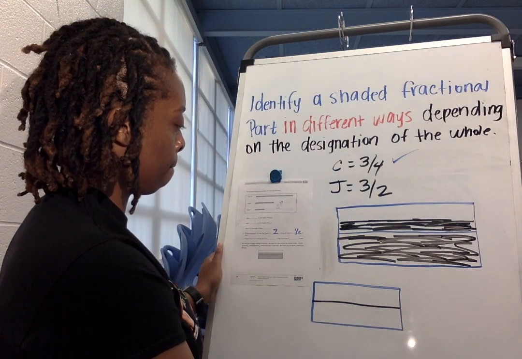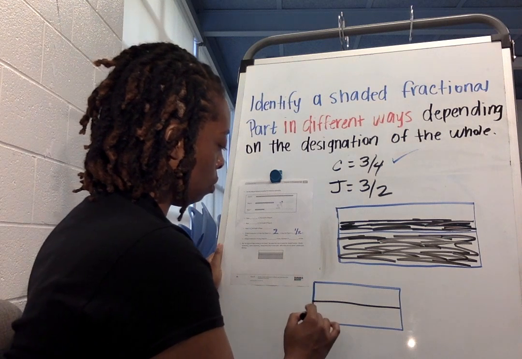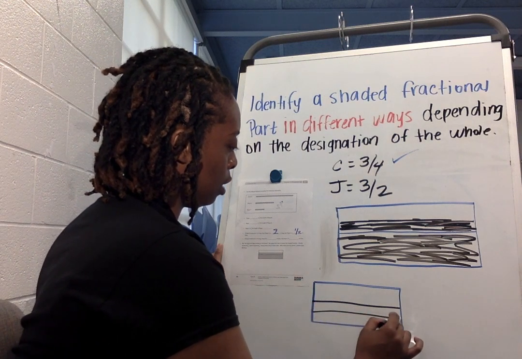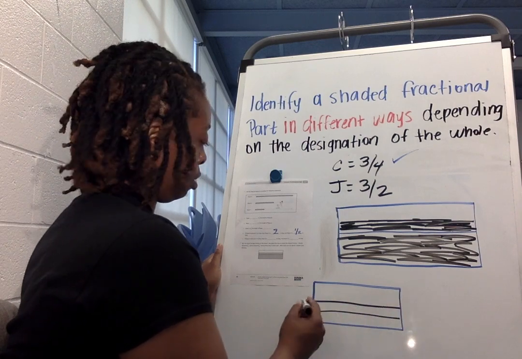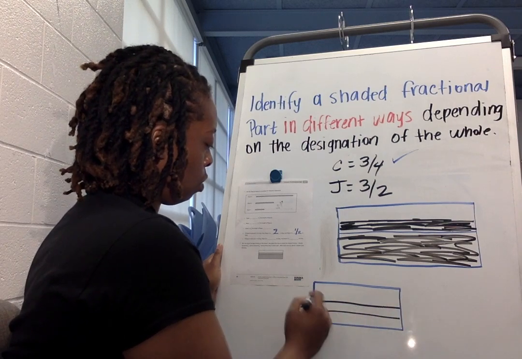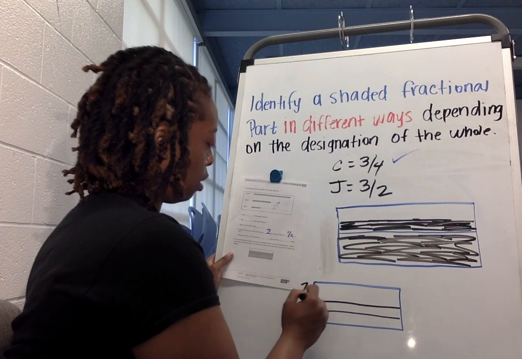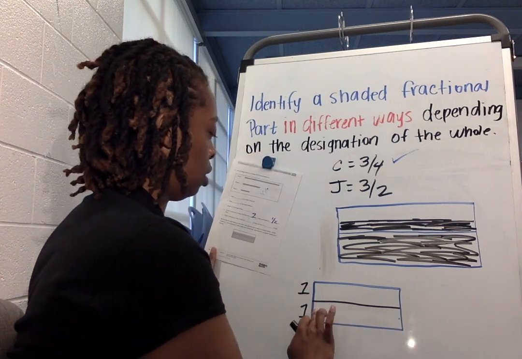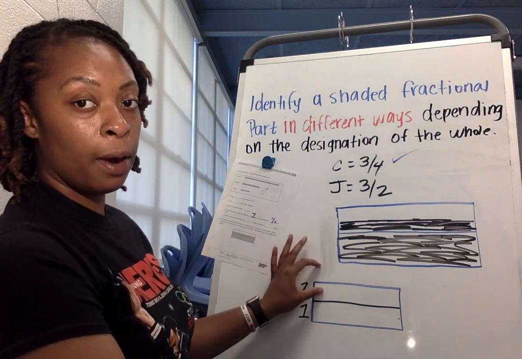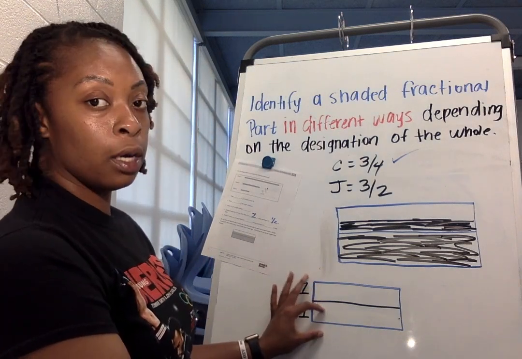Okay. So if this is a line here, these are halves. They're looking at this as one whole, and this top part is one whole. So where this first line is, they're looking at this top part as one whole, and this top part as one whole.